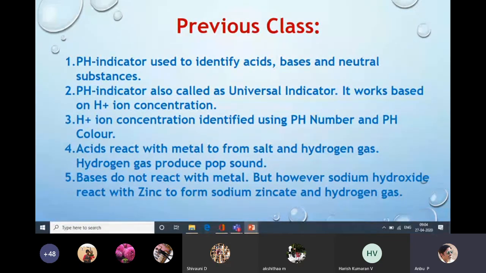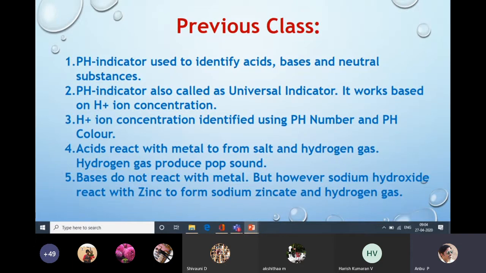It means that it can be a weak acid as well as a weak base. That shows that both acidic strength and basic strength are equal when the pH number is 6.5 to 7.5. That is the reason we call them neutral substances. So a neutral substance doesn't mean that it is an acid or a base. Understand? They are equal in the concentration of acid as well as base.